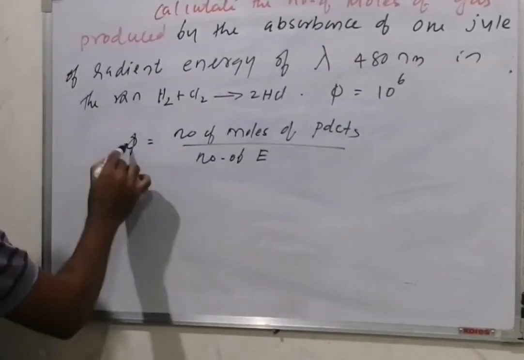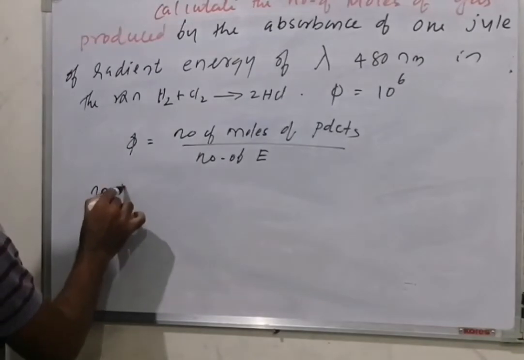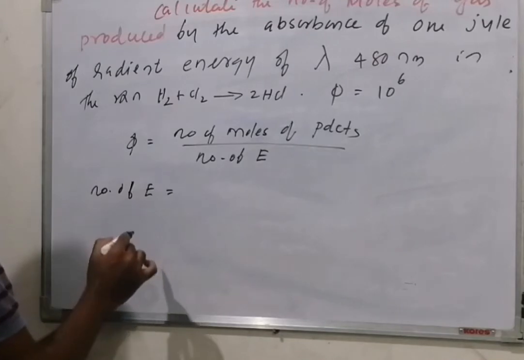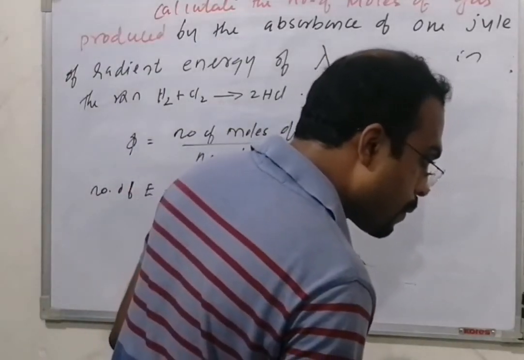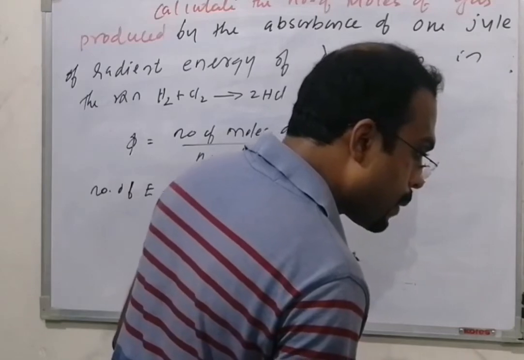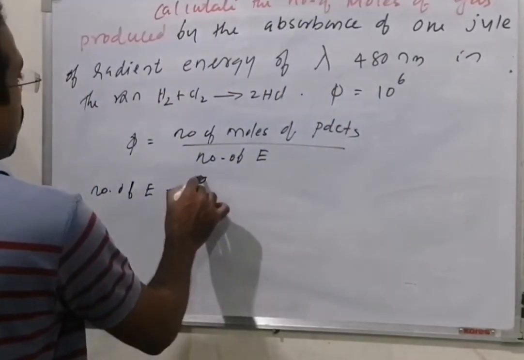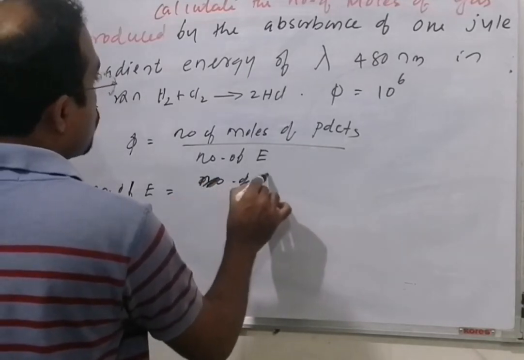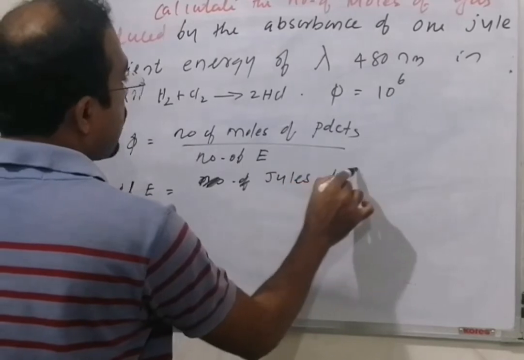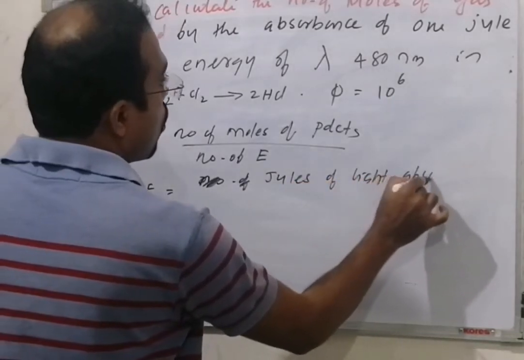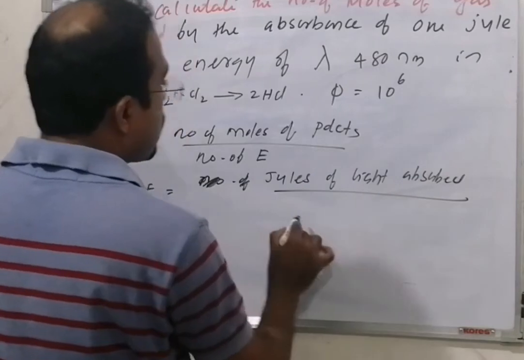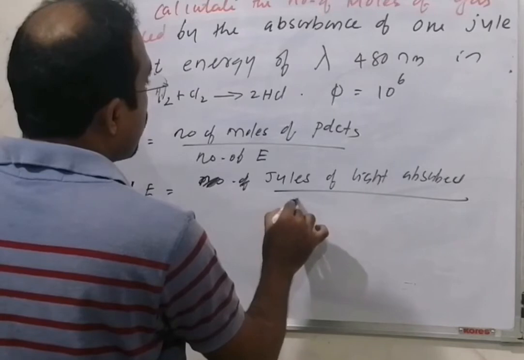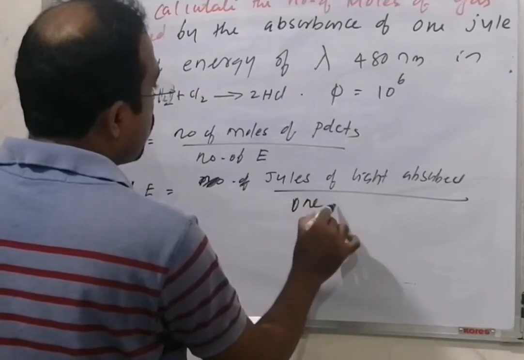Therefore, first you get the number of Einstein, which is equal to the energy of light absorbed divided by the value of 1 Einstein.